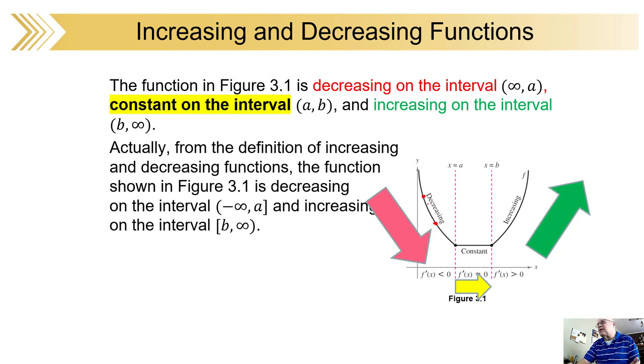Your salary is decreasing. This might be the timeline right here. Here's this year, here's next year, here's the year after that. And going from this year to this year, your salary hasn't changed. It's constant. Going from this year to this year, your salary is going up. It's increasing. That's all this really represents.